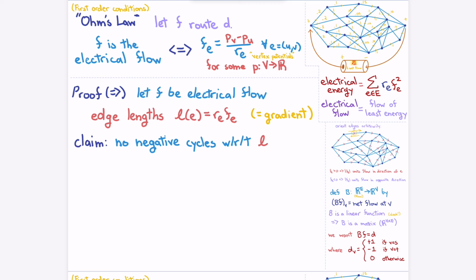Okay, so I claim that if F is the electrical flow, in this graph there's no negative cycles. Why? I looked at the gradient of my electrical energy, and I turned that into edge lengths. And I'm saying, if this is really the optimum electrical flow, there's no negative cycles in this graph. Because it's convex, I would say, convexity is in the air, but I wouldn't say that's a full solution.